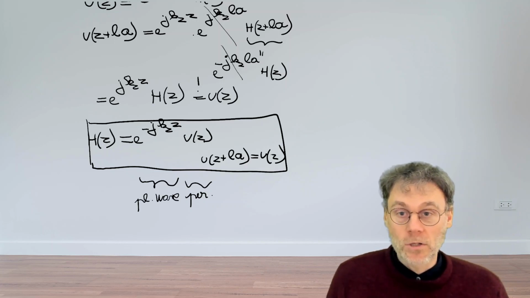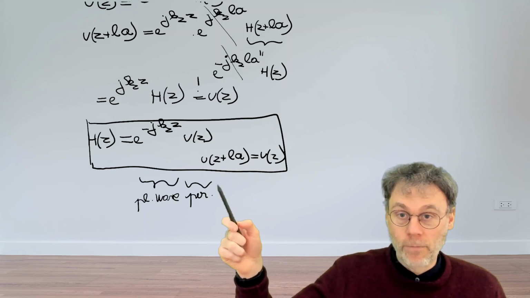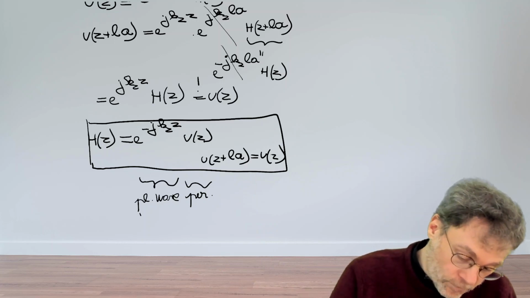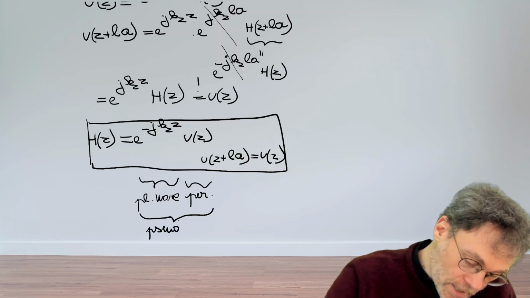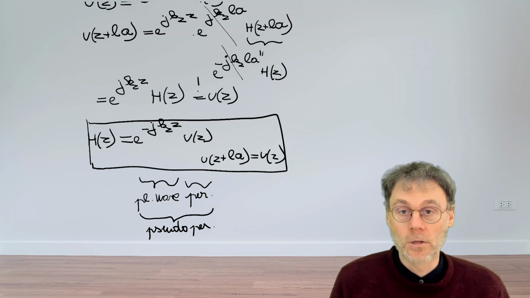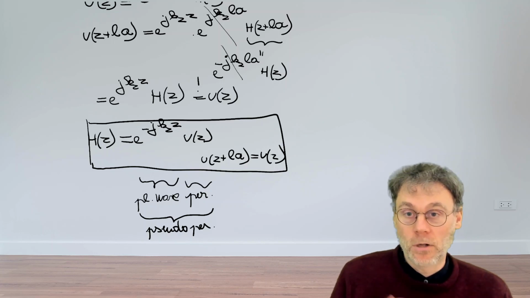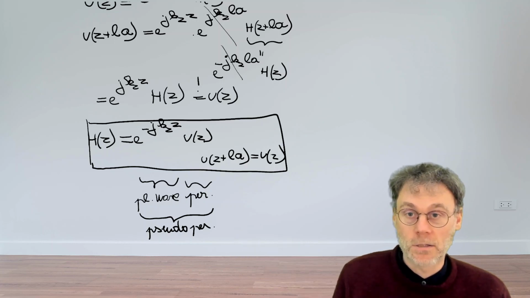So again, this shows that a Bloch mode itself is not periodic, but it's the product of a periodic function times a plane wave. There's actually a special name for this product. This is what people sometimes call a pseudo-periodic function. So this is the second form of Bloch's theorem, which allows you to gain additional insight into what the Bloch mode actually is, a product of a plane wave with a periodic function.